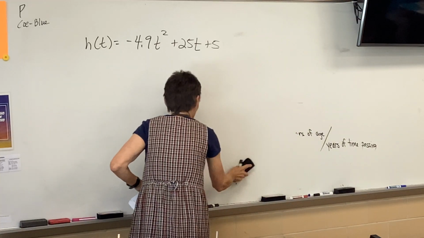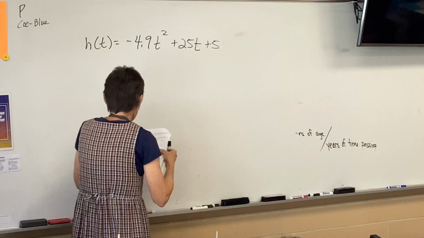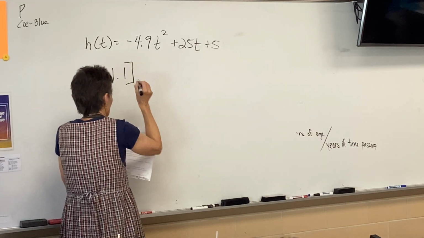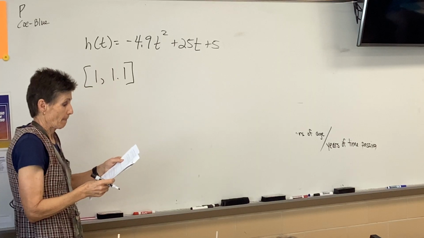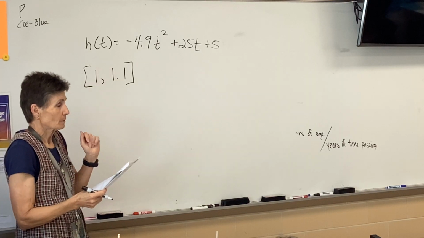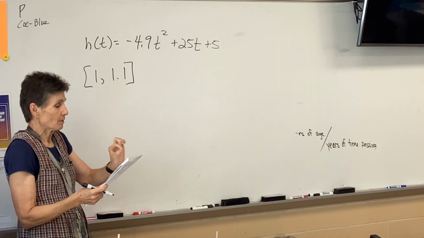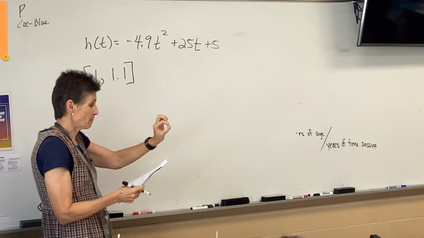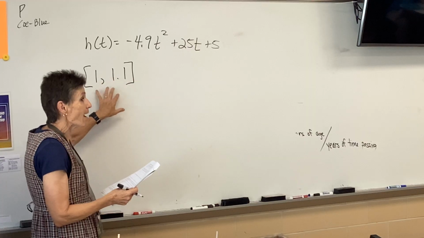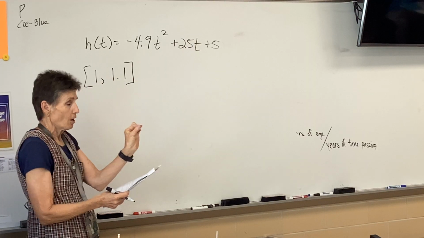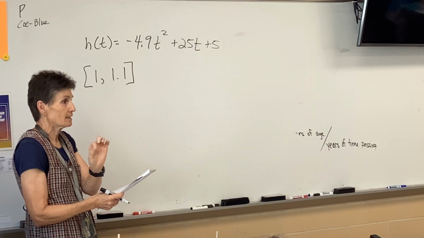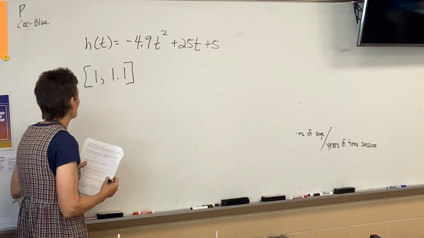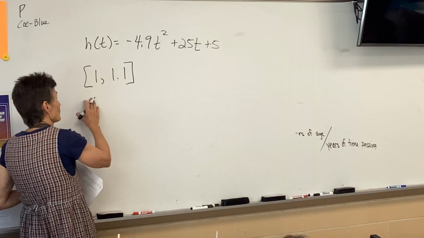Now we're going to find the rate of change from 1 to 1.1. So in other words, I'm going to fill in those blanks up there at the top. We can approximate the rate of change at a point by using the average rate of change over smaller, increasingly smaller intervals. Okay, so this is a pretty small interval.